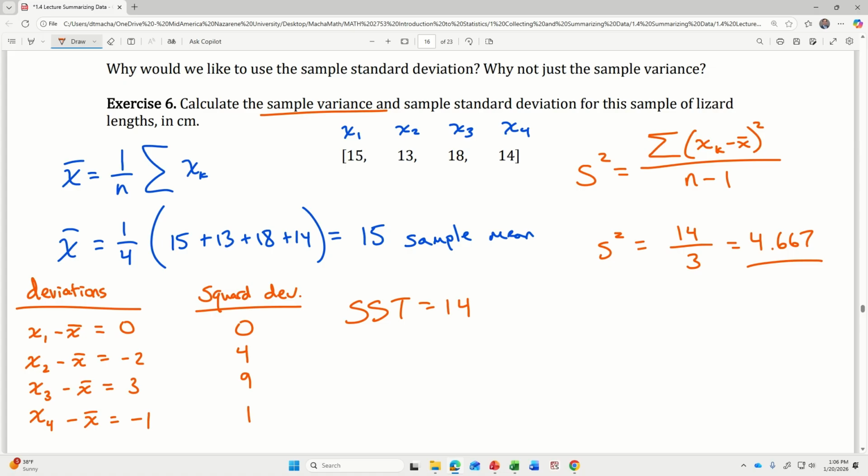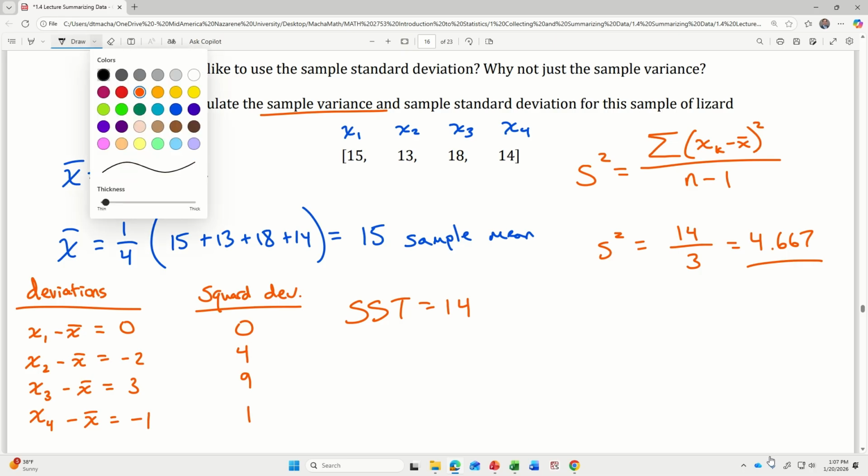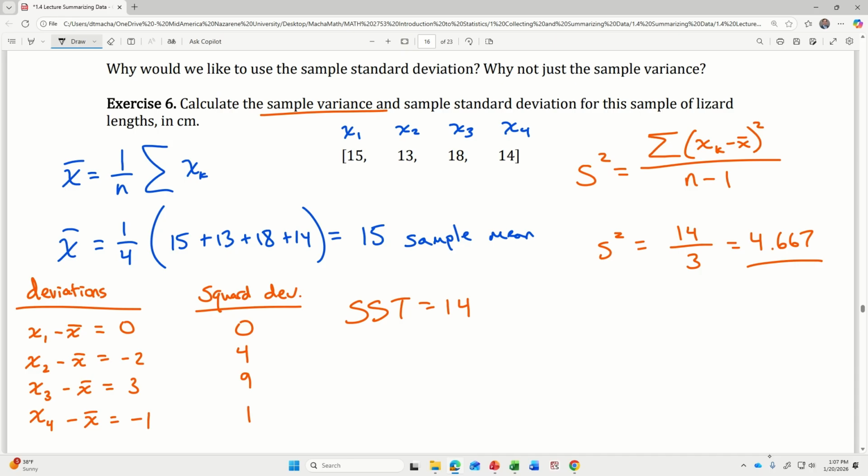Now, if we were being really careful engineers and we were keeping track of our units of measurement, all of these are given in centimeters. This is 15 centimeters, 13 centimeters, 18 centimeters, 14 centimeters. So the sample mean is in centimeters, because I'm adding up a bunch of measurements in centimeters and then dividing by 4.